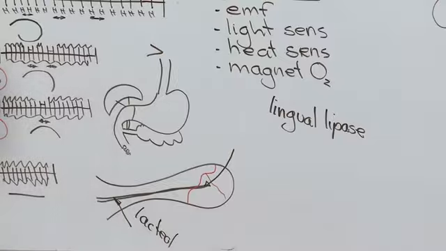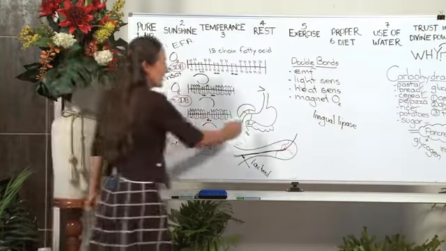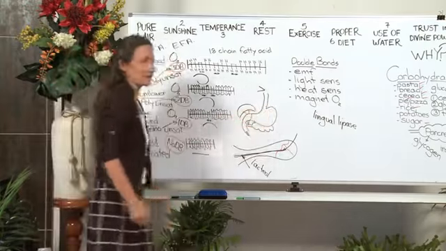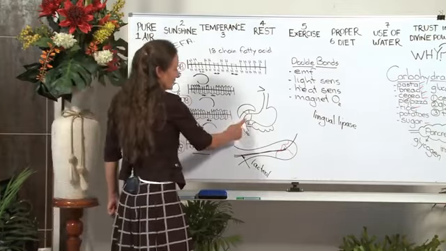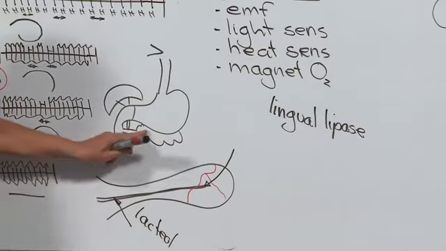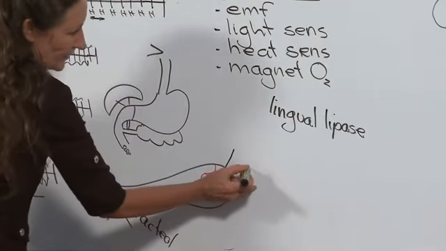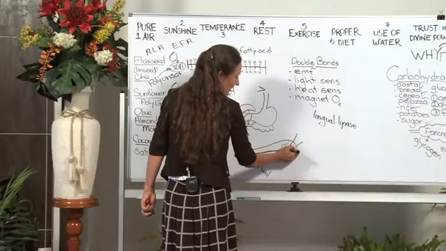So the coconut is unique in that the breakdown happens in the mouth. The breakdown having already begun, it comes into the stomach, breakdown's already happening. Comes into the duodenum, does not need bile, does not need pancreatic lipase, is taken through the lining of the gut straight into the blood.